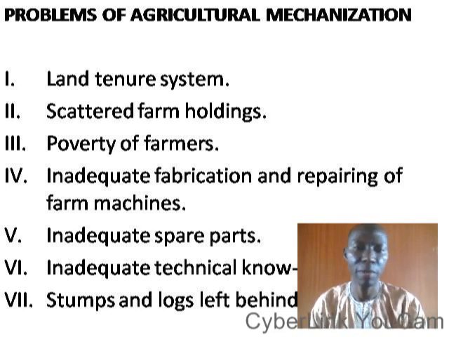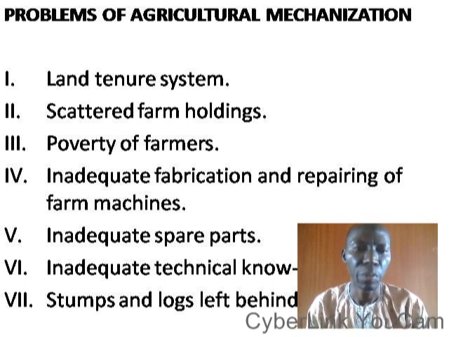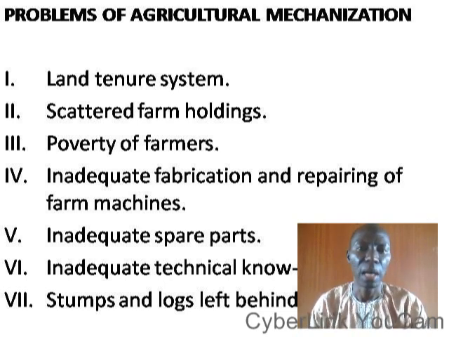Number 3, poverty of farmers. The farmers are not buoyant enough. They do not have enough money in order to participate in the mechanizing of farm operations. Number 4, inadequate fabrication and repairing of farm machines.